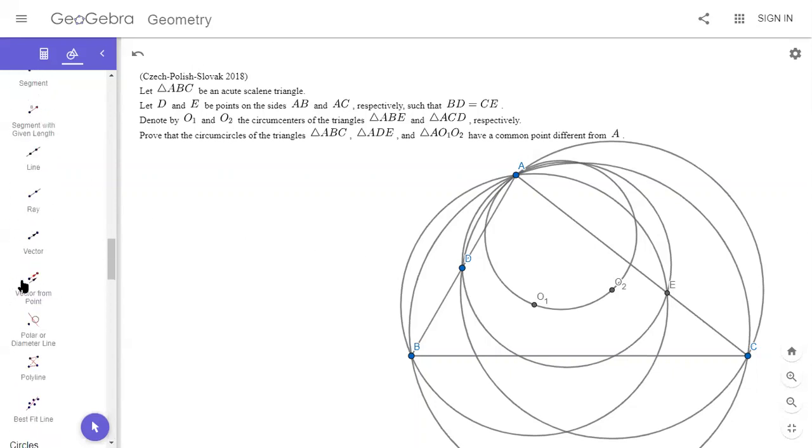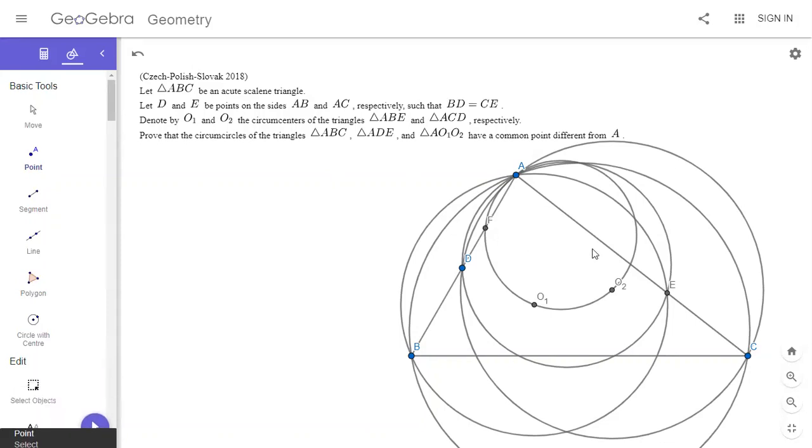Well, no, it's kind of like, I mean, really, we want to show DF is equal to EG. So basically, we want to show B and C have the same power with respect to that circle. Now I'm just getting confused.